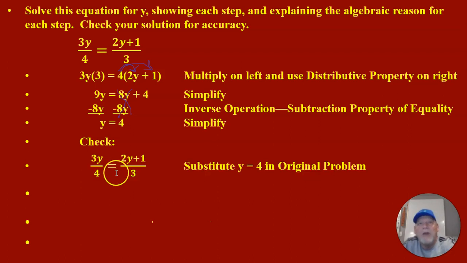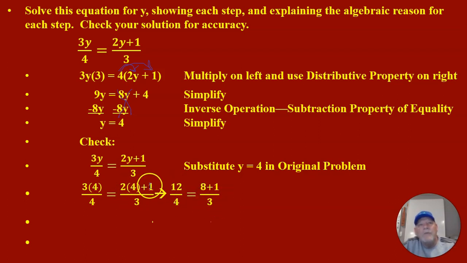How do you check that? You substitute y equals 4 into the original problem. So where I have a y, I put a 4 on both sides. So I have 3 times my y, which is 4, over 4, which is going to be equal to 2 times the y, which is 4, plus 1, over 3. I simplify, and I get 12 over 4 equals 2 times 4 is 8, plus 1, over 3.